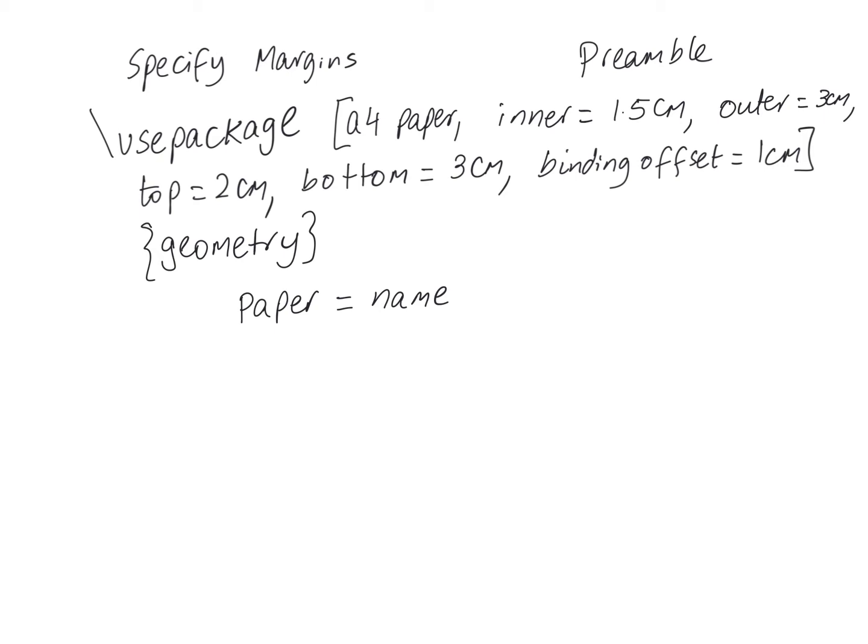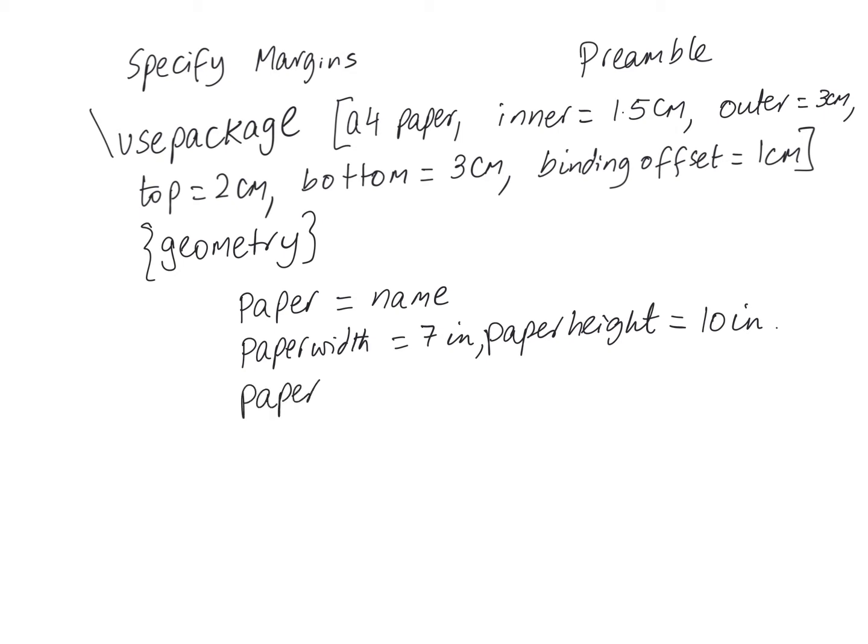And then you've got things like the paper width, like let's say 7 inches. Paper height, let's say 10 inches. So that will describe what the paper looks like. And then paper size would be the width and height. So these are options you may have to use at some point.